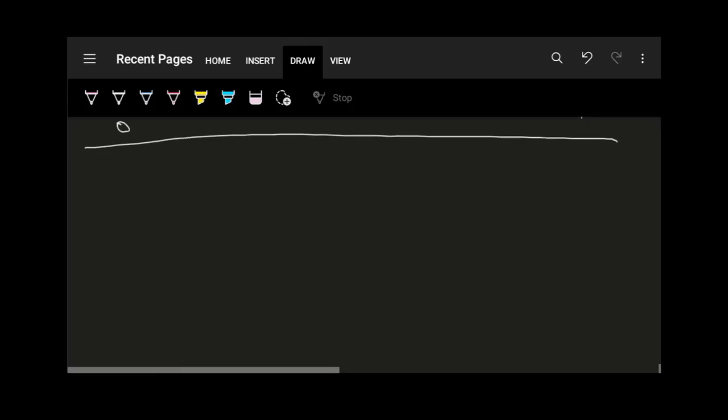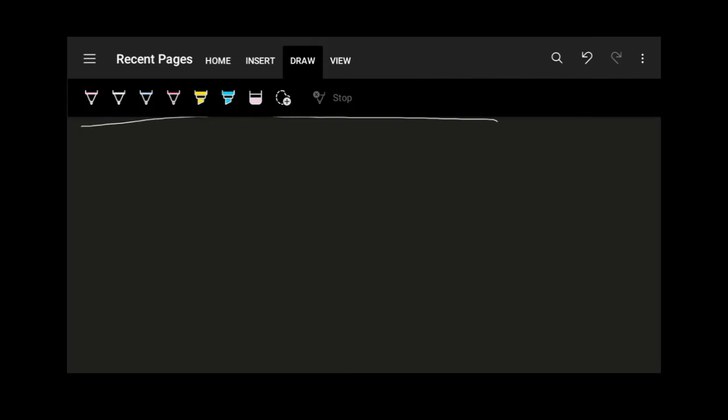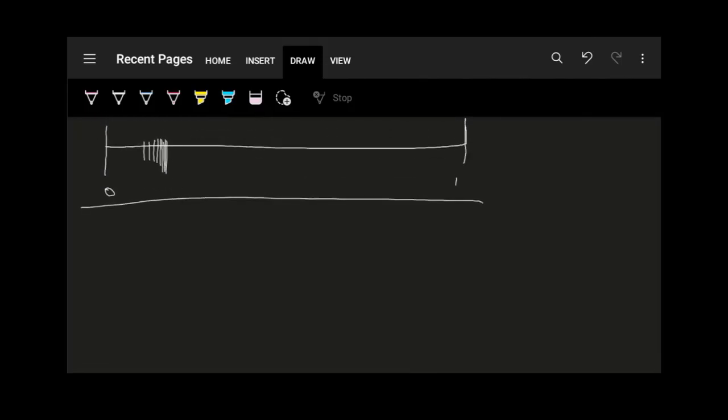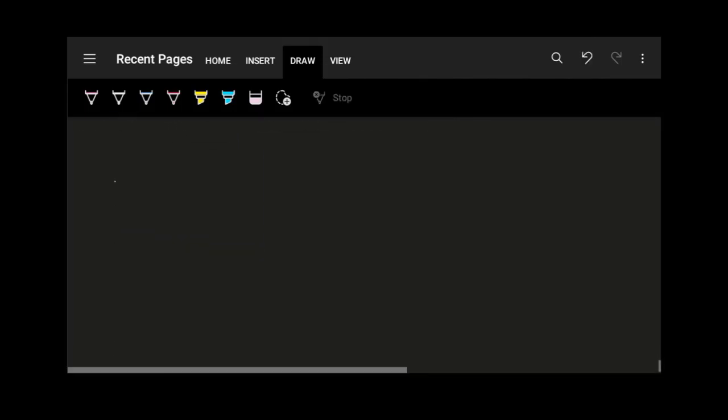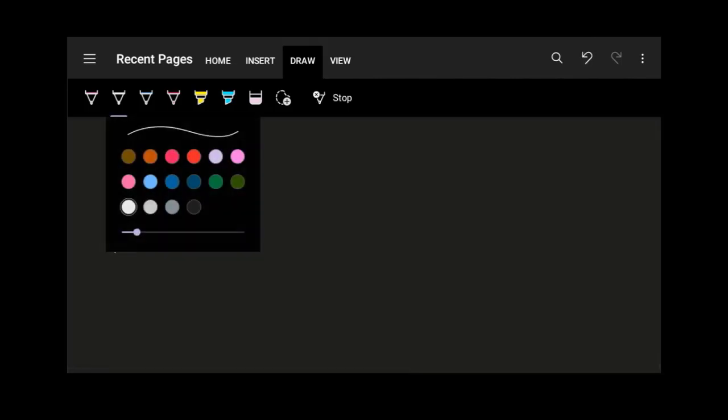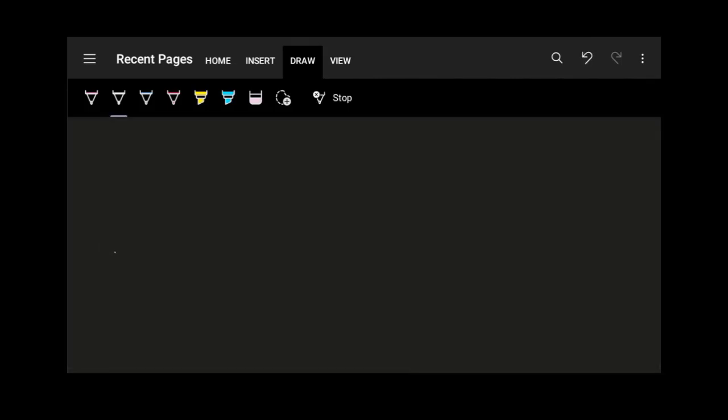Now we will see one more graph, and I need a bigger space for that. Suppose we are given an interest rate of I equals 10%.